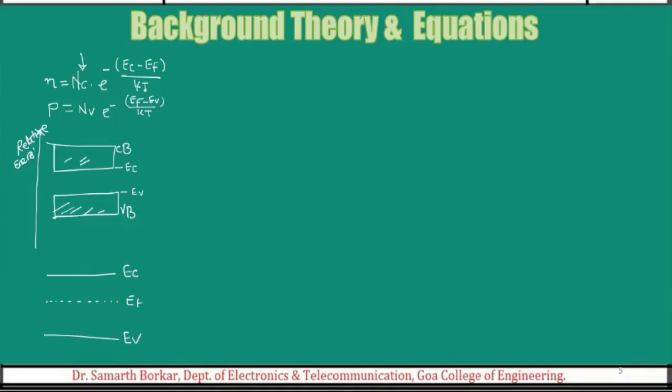If I look at this equation, the concentration of electrons, n, depends on the difference Ec minus Ef, with a minus sign in the exponent. So the closer it is to Ec, the higher will be the density of electrons.